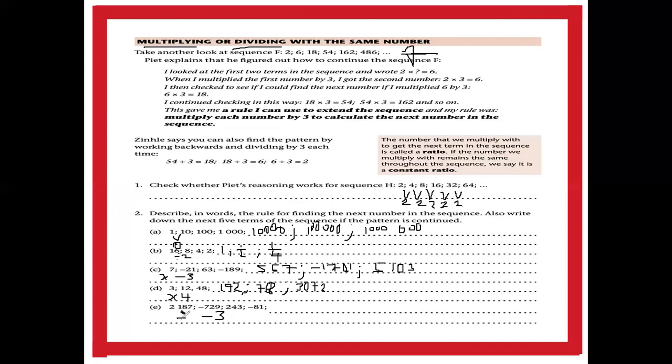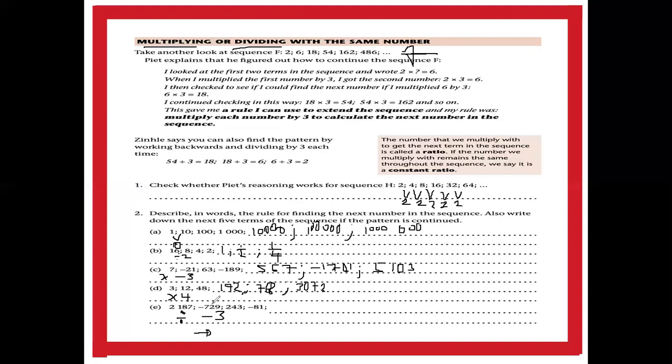Because we've worked backwards, we went this way as times, then this way will be divide. So the answer will be, we are dividing the terms going this way by minus 3. And we can check that quickly. So 2,187 divided by minus 3 will give us minus 729. Okay, so that works. And if you divide that by minus 3, you get 243.